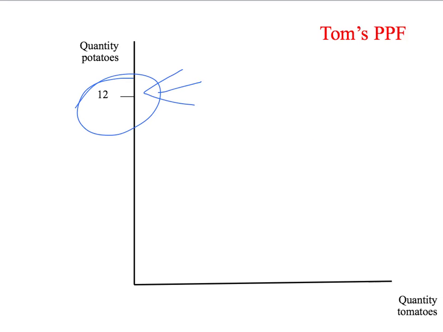Now, what happens if Tom wants to produce 1 kilogram of tomatoes? Well, remember, it takes Tom 8 hours to produce 1 kilogram of tomatoes. So in order to get the 8 hours to produce that kilogram of tomatoes, he has to give up some potatoes. In the 8 hours, he could have produced 2 kilograms of potatoes.